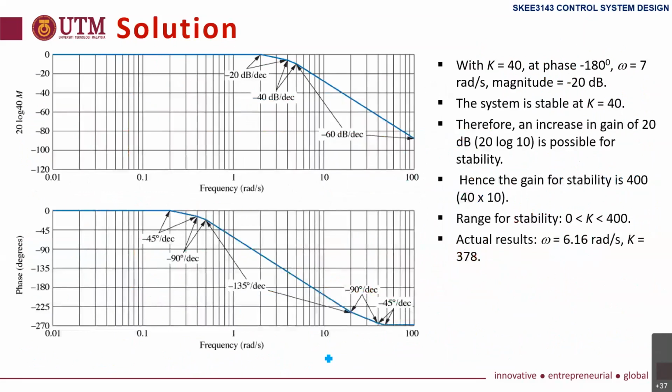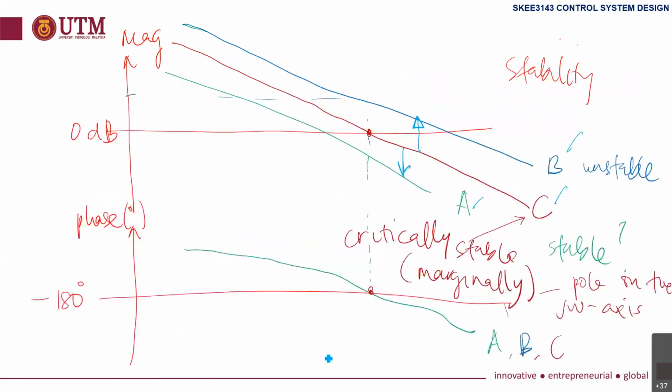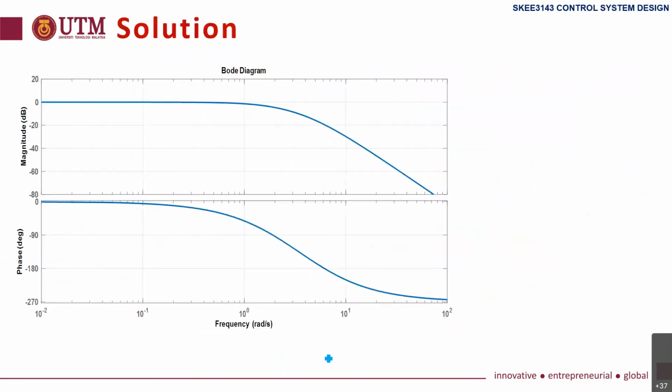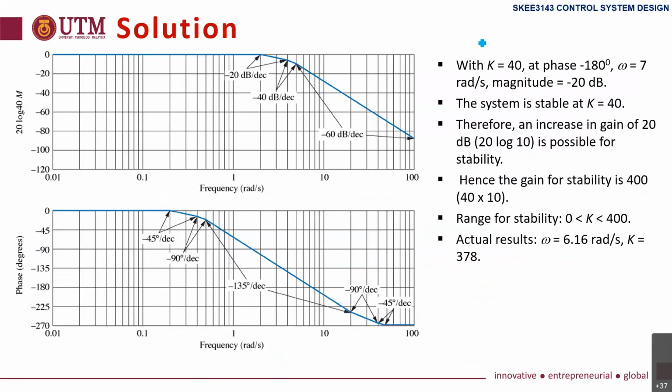Okay, this is from the textbook. This one I plotted by using MATLAB. This is taken from the textbook. The actual one is 6.16. We used 6.5 just now. The exact one is 6.16, and K is 378. We said K between 0 to 400.